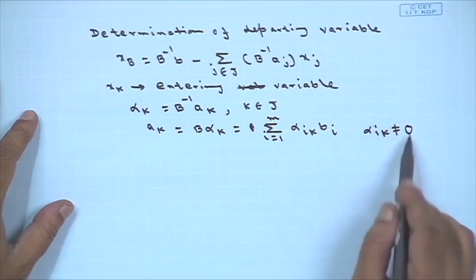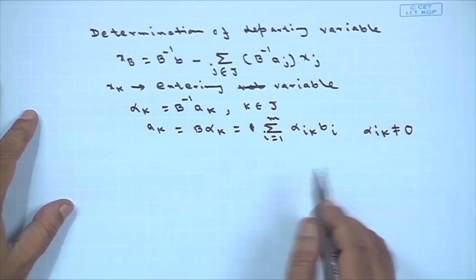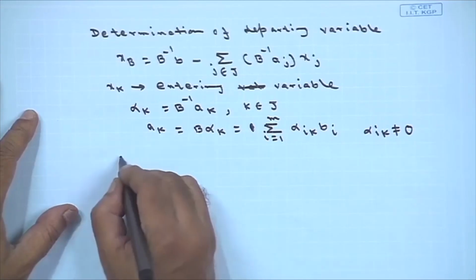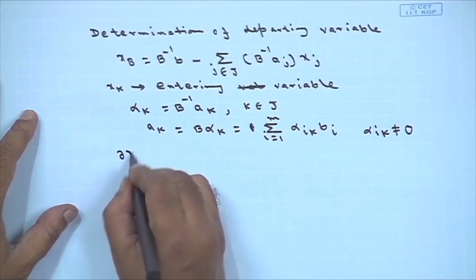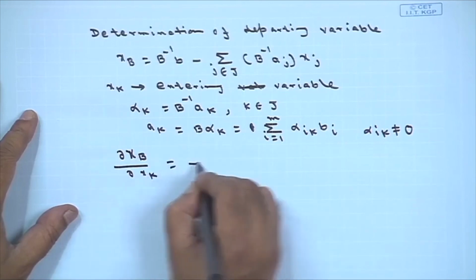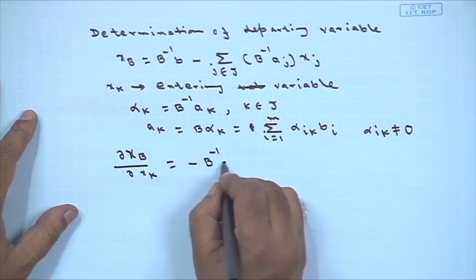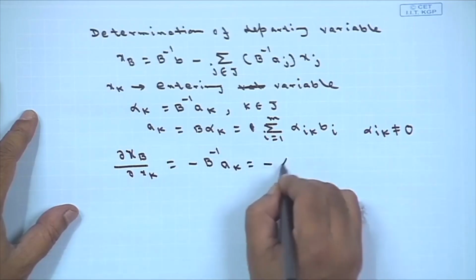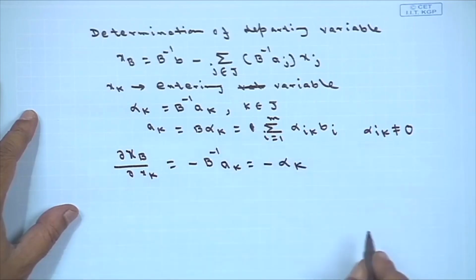I will come to why alpha ik should not be 0. Now, this implies that del xB by del xk is equal to minus B inverse ak, which is nothing but minus alpha k.